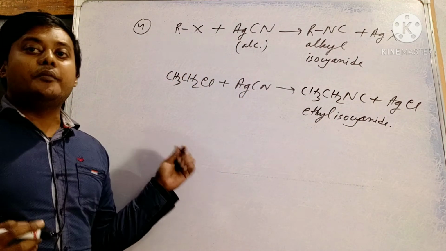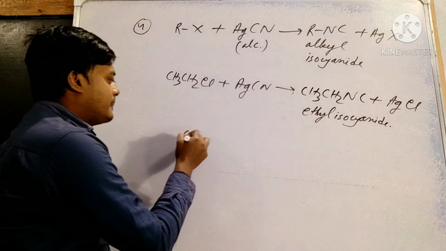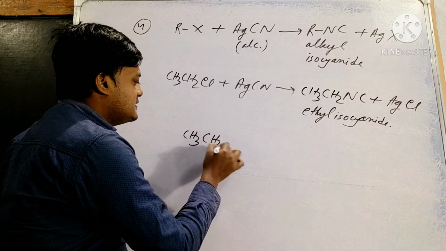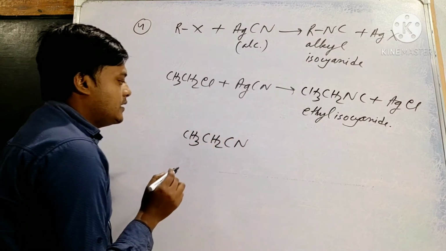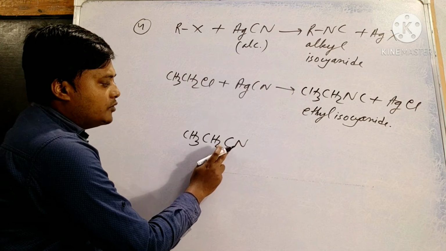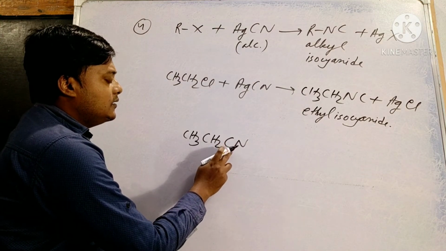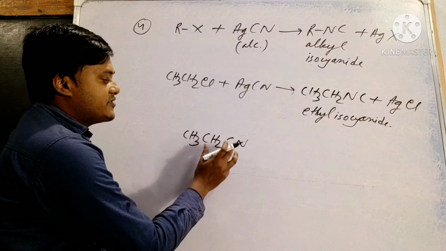Now the nomenclature of cyanide is very important. Try to remember. Say CH3CH2CN. Now when we count the carbon present in the cyanide group, then we use nitrile.